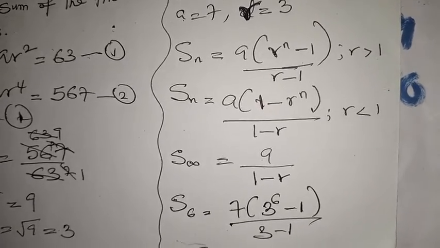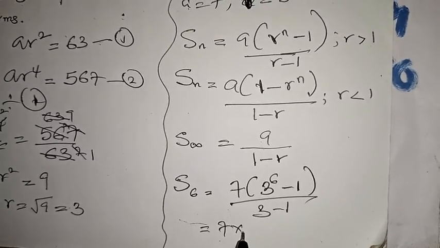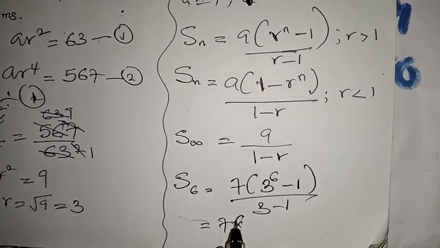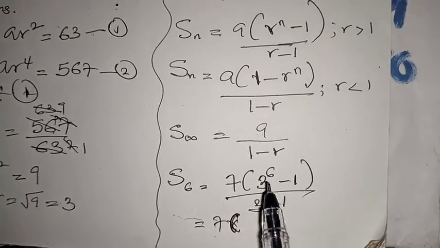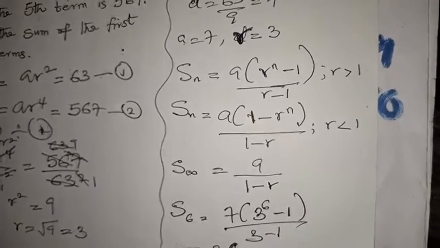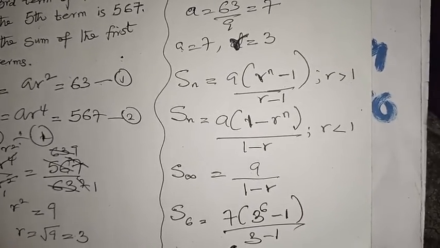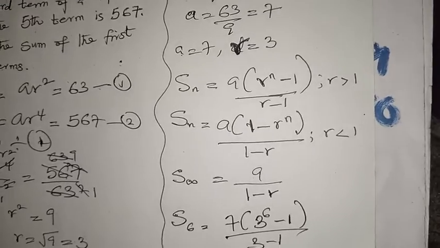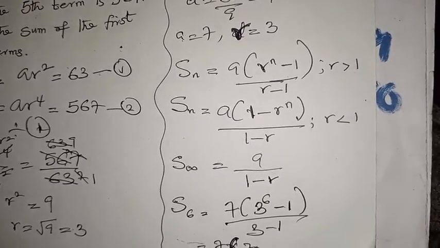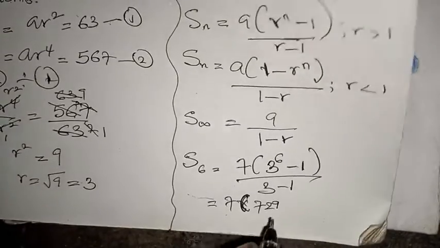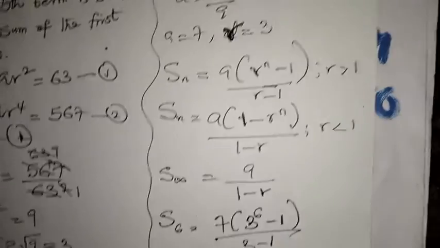And this will give us 7 times, or let me use bracket, 3 raised power 6. That's 3 raised power 4 is 81. 81 times 9 will give me 729. So 729 minus 1 over 2.